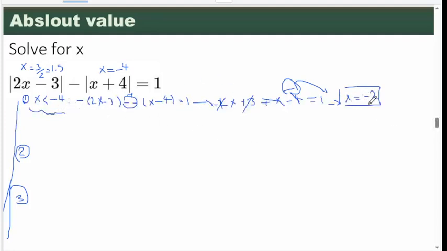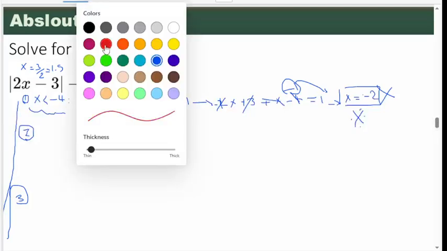So x equals negative 2 isn't a member of this interval, so it's wrong. I will go for the second part. Let me write the second part here.